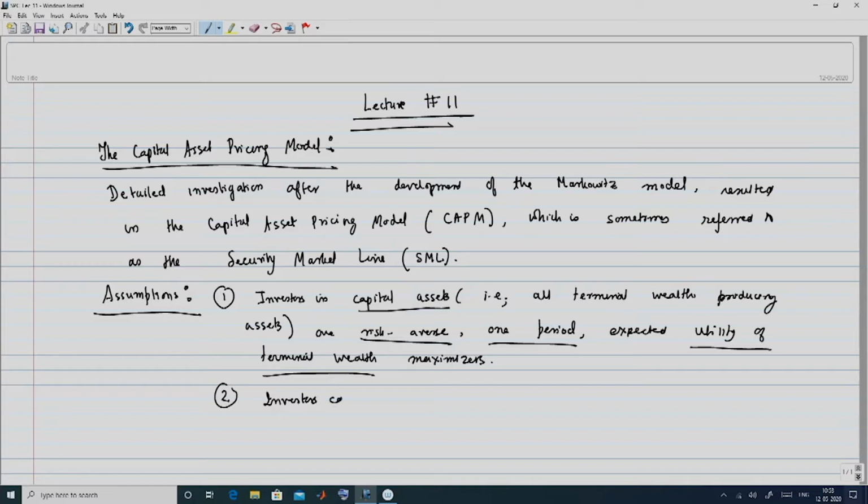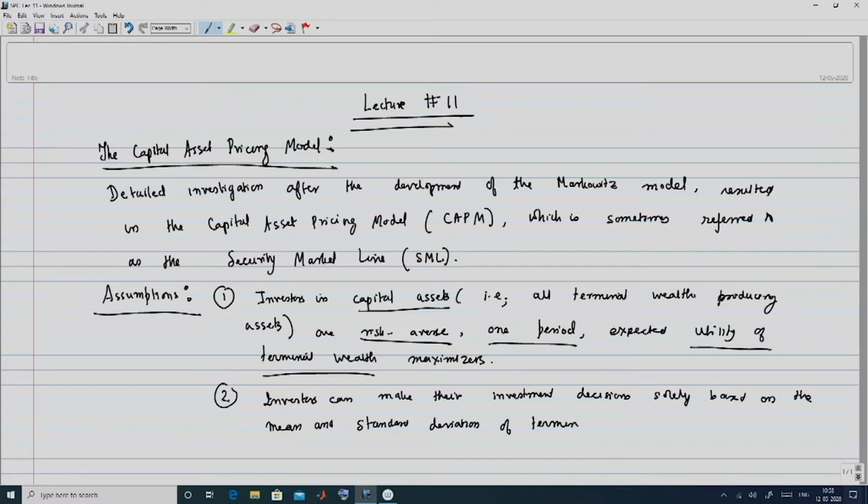investors can make their investment decisions solely based on the mean and standard deviation of terminal wealth associated with the alternative portfolios.